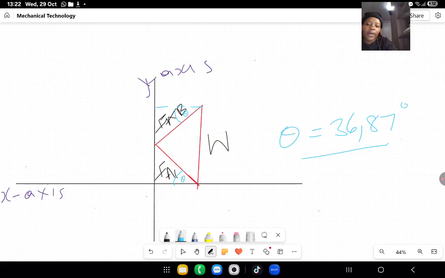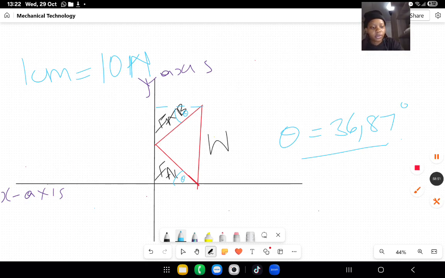Our scale is 1 centimeter equals 10 newtons. So we are done with number 3. Let's go to number 4.